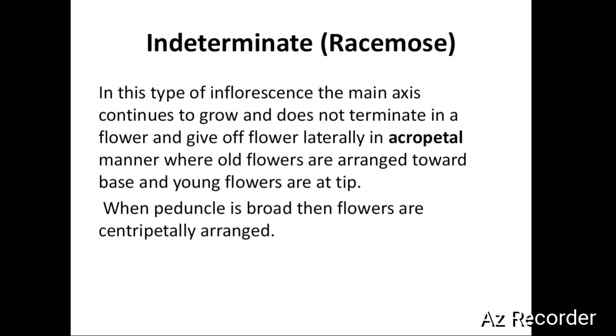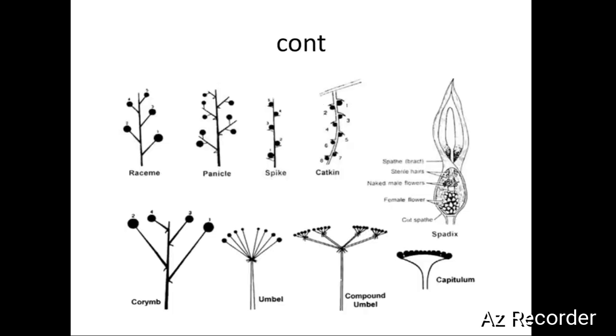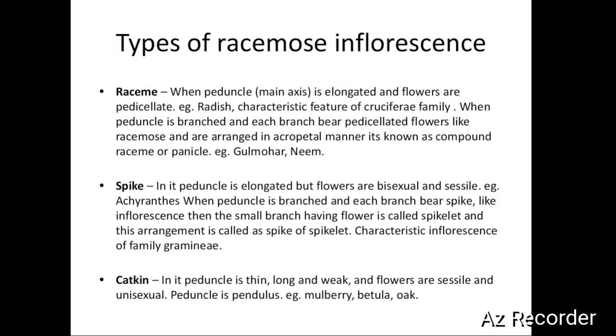When the peduncle is broad, the flowers are centripetally arranged. Like we see here, the younger ones are at the apex, while the older ones are near the base. You can view those and recognize.